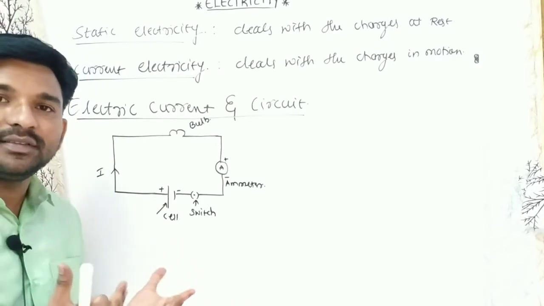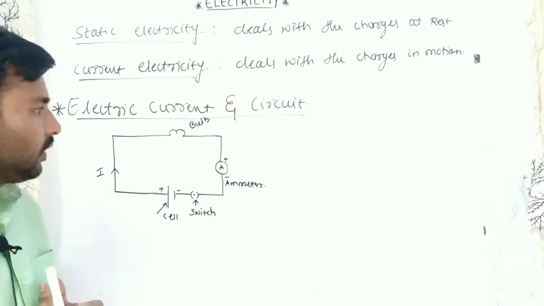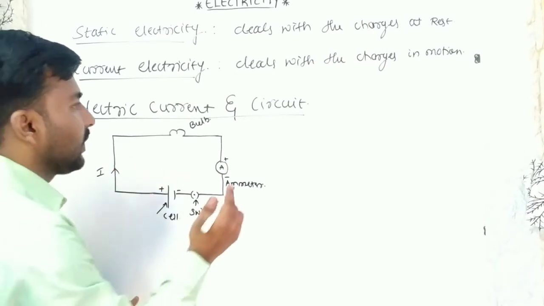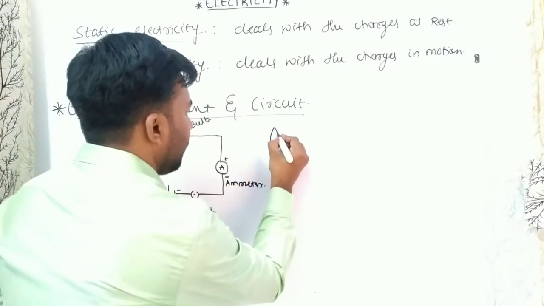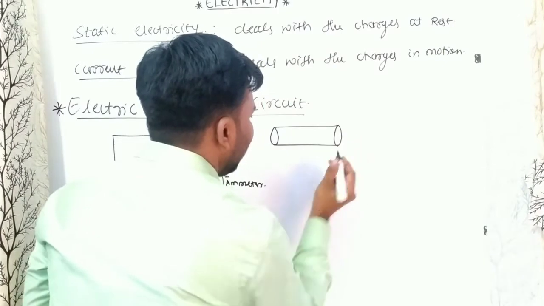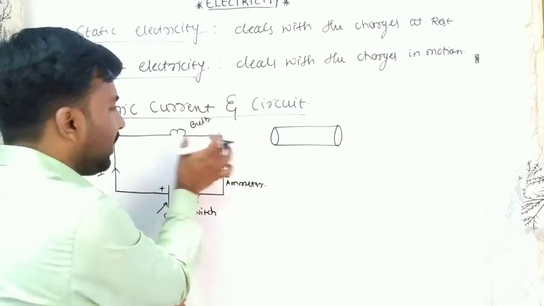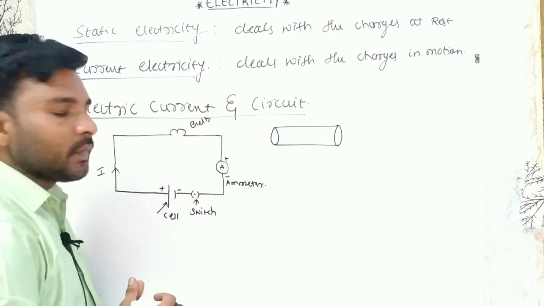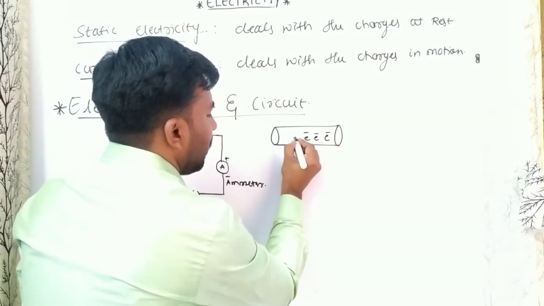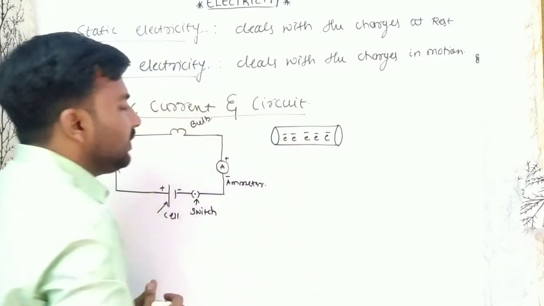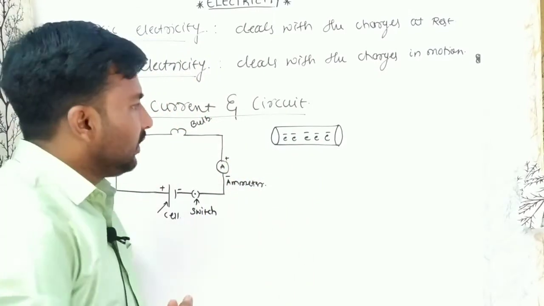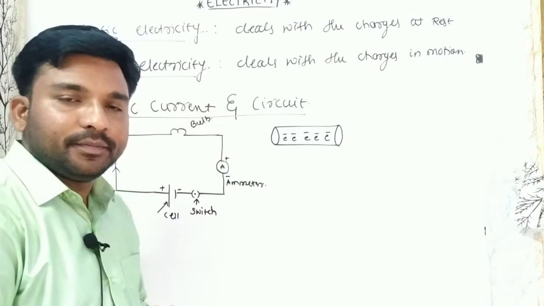So what is the meaning of current? Let me expand this. Suppose I take just a part of this wire. You know that a copper wire, as it is a conductor, contains electrons.